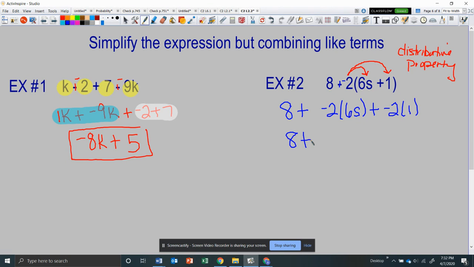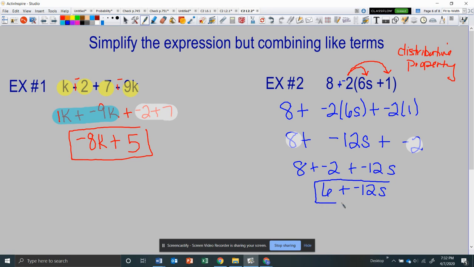So I've got 8 plus, now I'm going to multiply these two together, negative 8s, no, it's not negative 8, sorry, negative 12s plus negative 2, and then I can combine this with this using my knowledge of like terms. So I'm going to move those next to each other. And if you can just mentally see how to move them, that will work just fine.